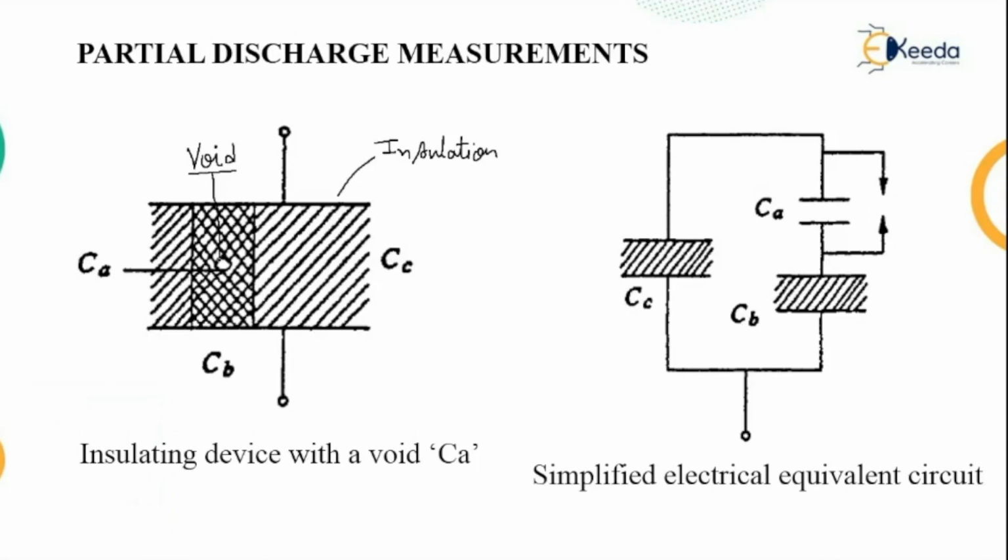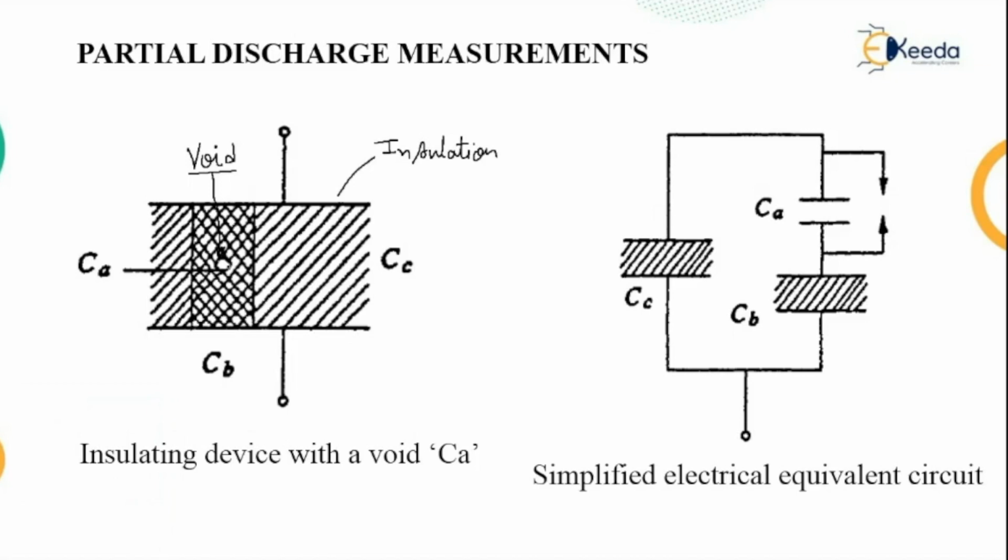This particular figure we have already considered in previous lectures when we discussed the breakdown phenomenon due to gas pockets or imperfections. So this is that void which is present in the complete insulation.